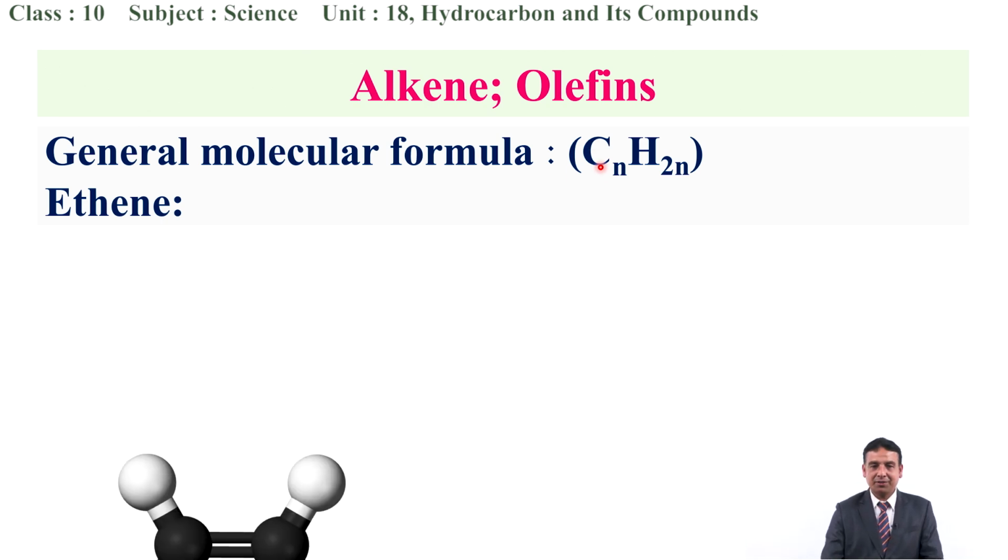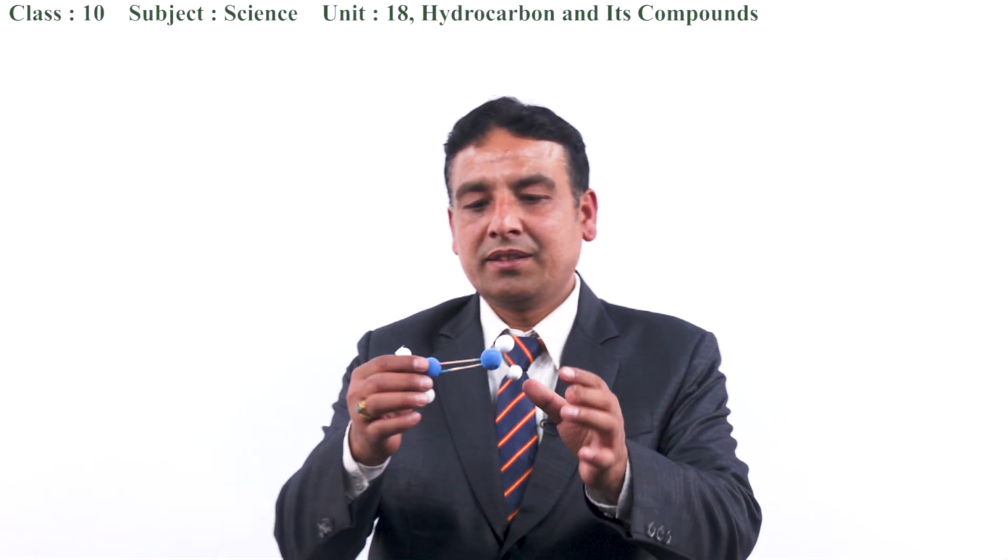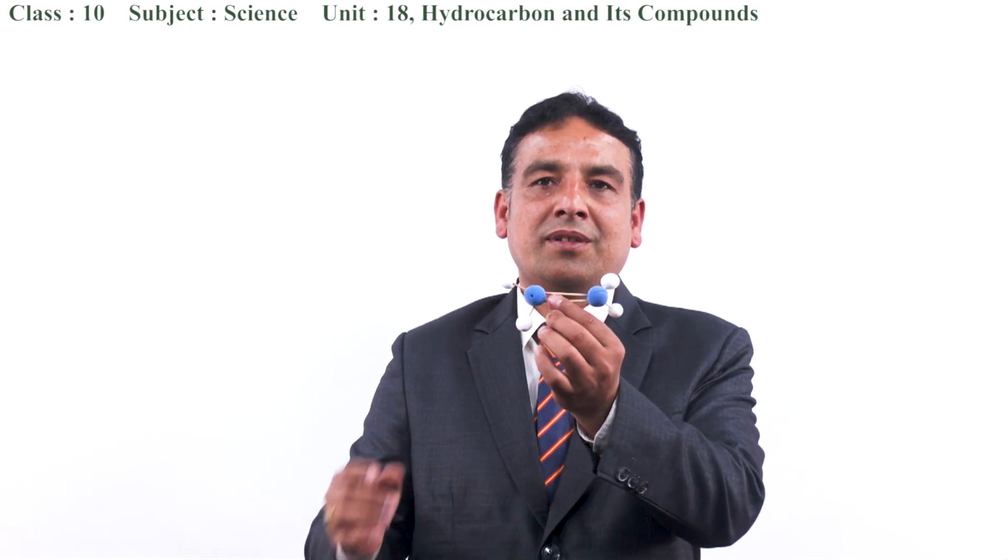You can see this example. In this structure, the black ball indicates carbon and the white ball indicates hydrogen. There are 2 hydrogen atoms on a single carbon, and this carbon has been bonded with another carbon with a double bond, and this carbon also has the same, 2 hydrogen atoms. You can see here, this is the model.